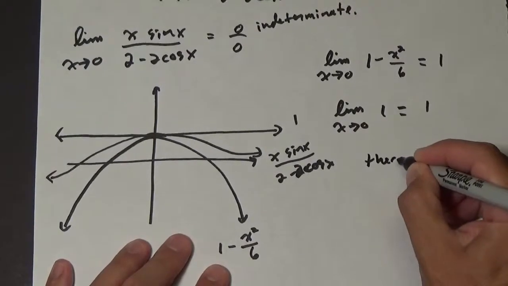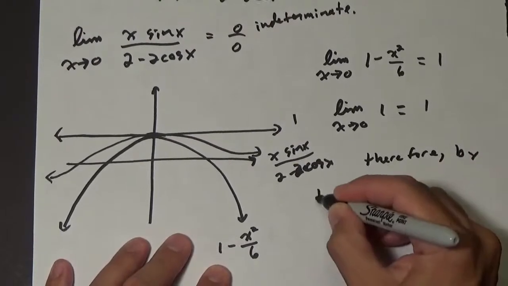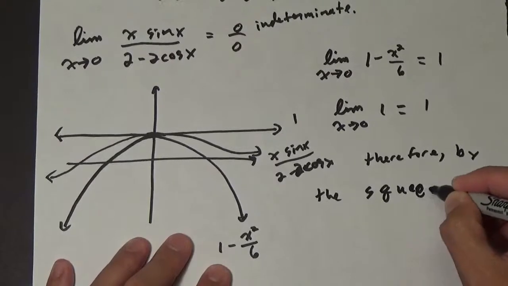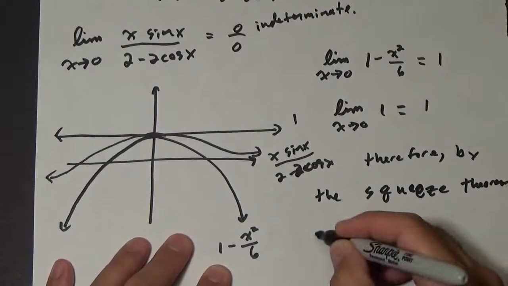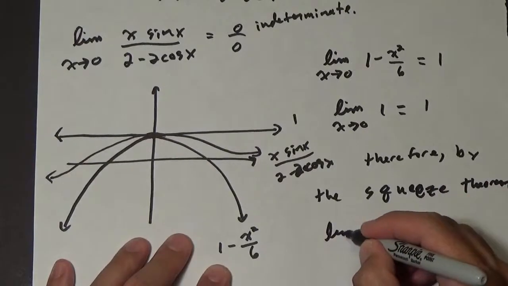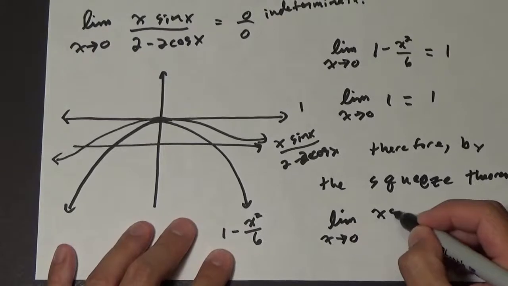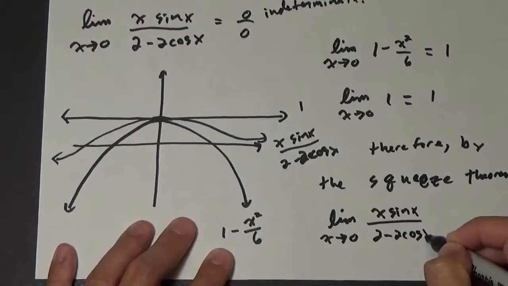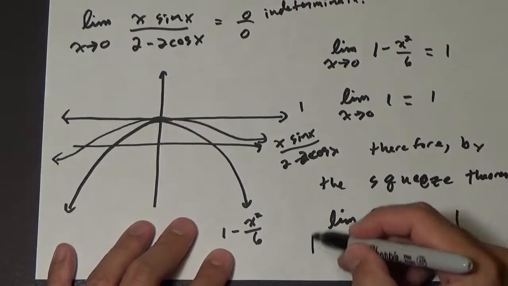Therefore, by the squeeze theorem, the limit as x approaches 0 of x times the sine of x all over 2 minus 2 cosine of x equals 1. And there's our final answer.